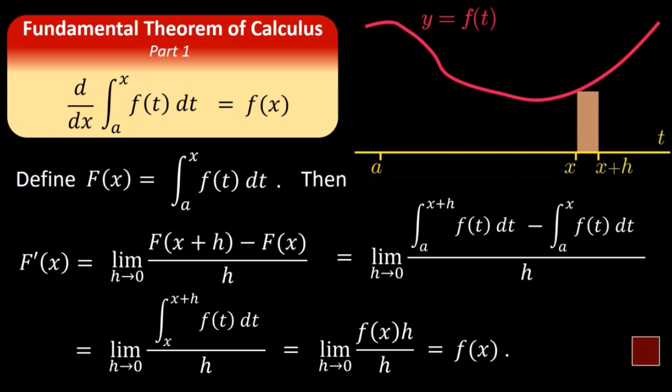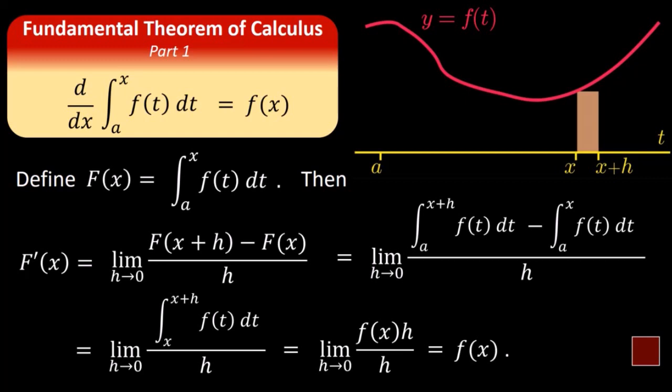Now, after making this approximation, the area, which is the numerator here, becomes rectangular area, base times height, and f of x times h. I have an h in the denominator. They cancel, and obviously the limit is just little f of x. This is the answer that the theorem says we should get.